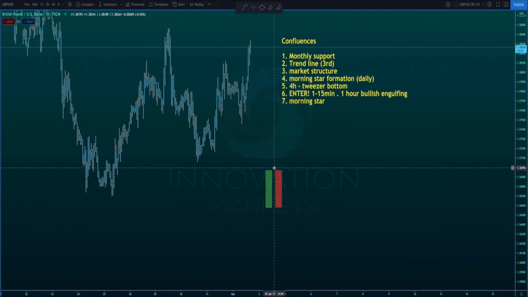The wick really makes the candle. You have to be very mindful of the wicks and how they work in order to enter. Many of you who've already been trading for quite some time will know that we like to enter on the wicks, which means you're getting in at the top of a candle or the bottom of a candle, and you're getting the best entry.